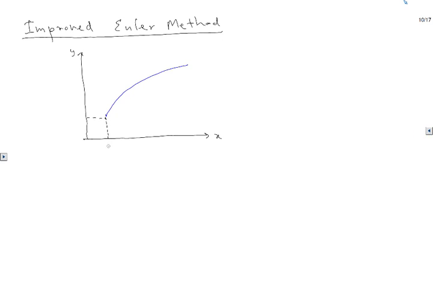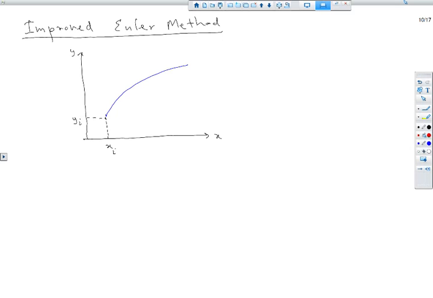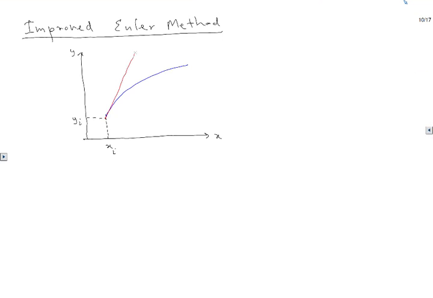We have the xi step, this is the yi step, xi yi. Then we try to find the next step. What we're trying to do is a similar thing as before. We're going to do the slope first. So we can look at the slope, and I'm going to call that slope ki, the ith slope.